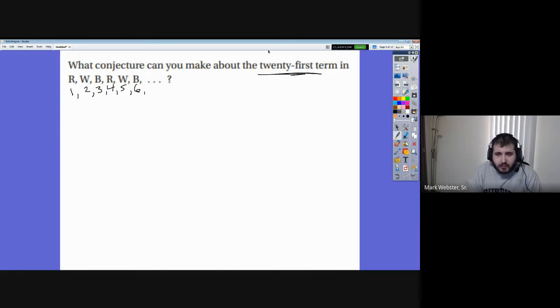So how does that help us with our 21st term? Well, wait a minute, hold on. 21 is also a multiple of 3, right? So if this is repeating every 3, I can do something with that.